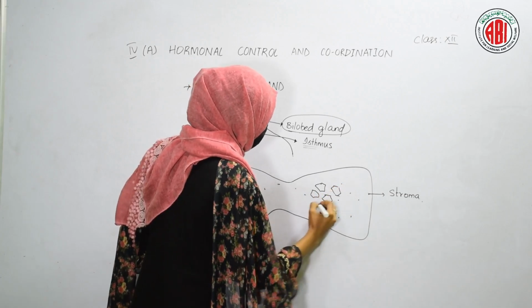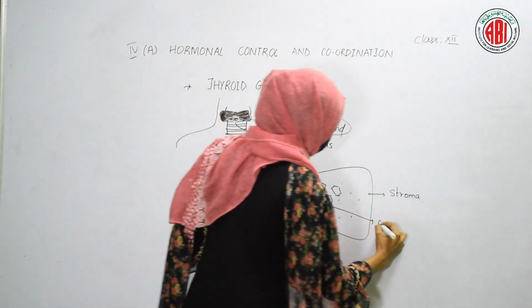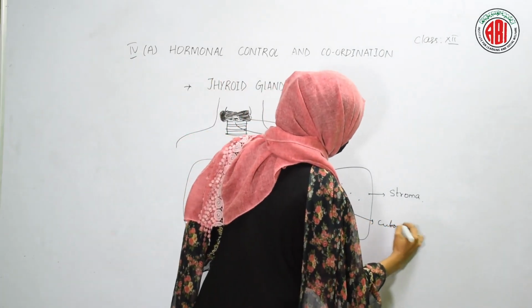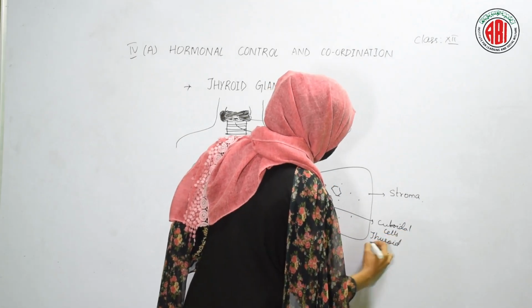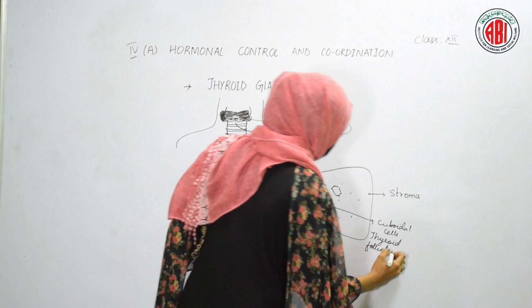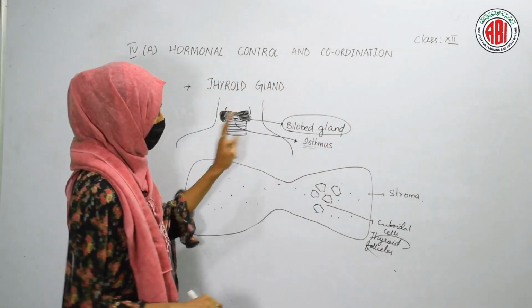Like this, the cells are present. These cuboidal cells are called thyroid follicles.